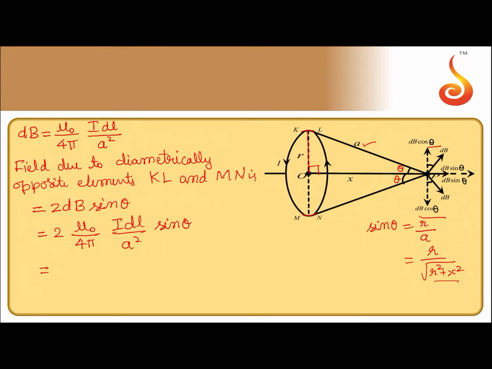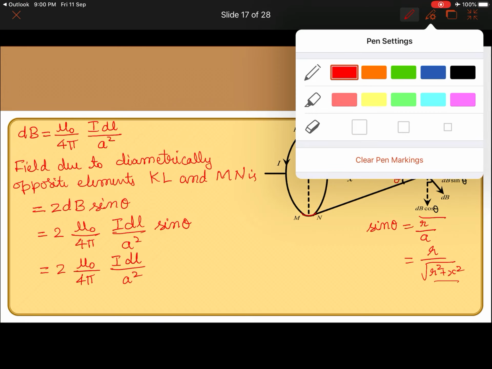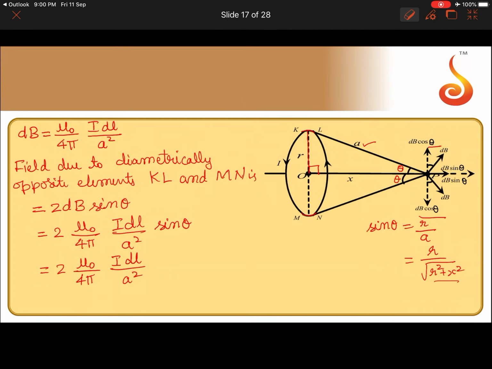So with that, this will be 2 times mu naught by 4 pi, I dl by A square. Let us substitute for A square here. So that is R square plus X square, into R divided by root of R square plus X square.